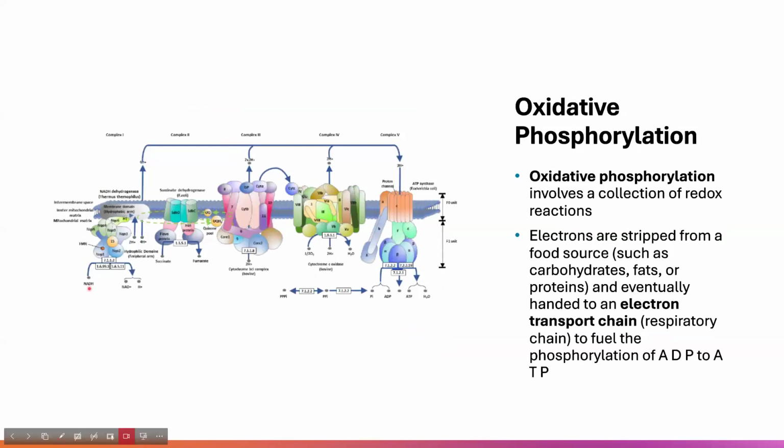Then we have oxidative phosphorylation. This is going to be a bunch of different redox reactions coupled together. And this is going to be part of respiratory systems, both aerobic and anaerobic. And as you see through here, we have our NADH to NAD plus. Then we have succinate to fumarate, so forth and so on.